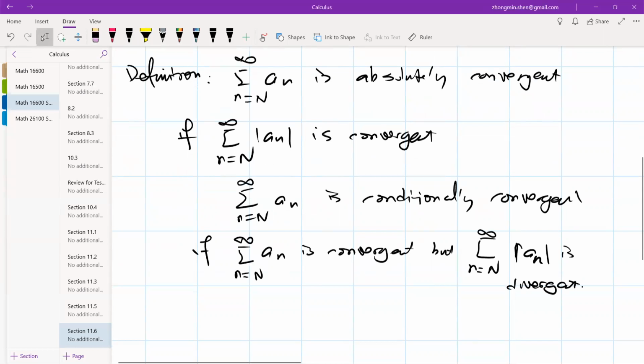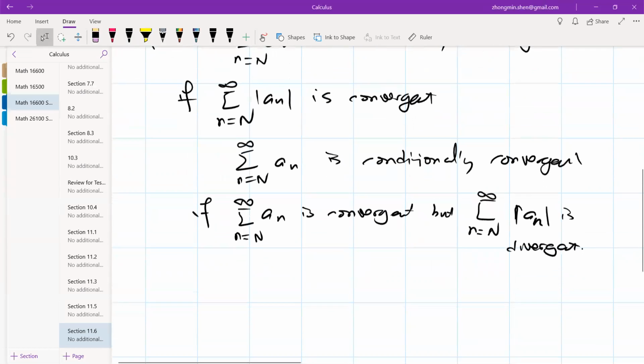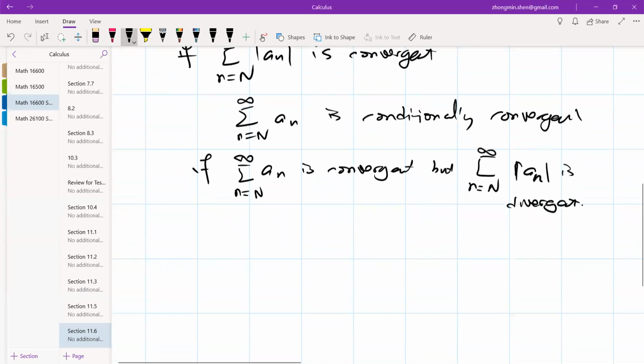Clear? It's just a very weak convergence. So according to the above definition, we claim that this is conditionally convergent.